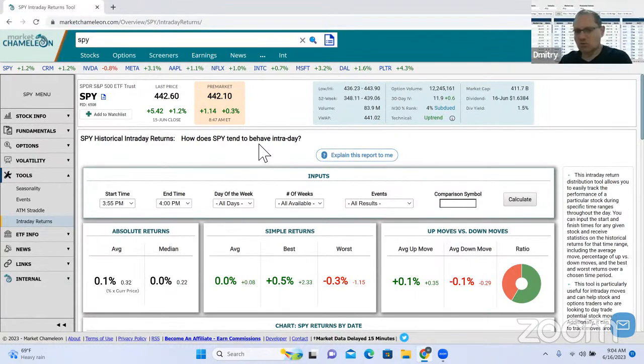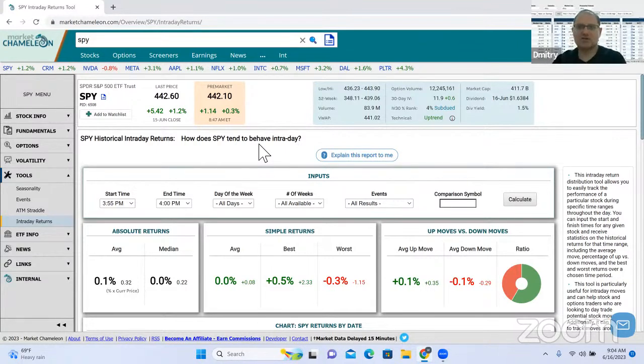What we want to do is answer a few questions using this tool. What does SPY, for example, tend to do between certain hours of the day? Maybe you're looking at SPY and it's 3 o'clock. The market closes at 4 o'clock, so we've got an hour to go.